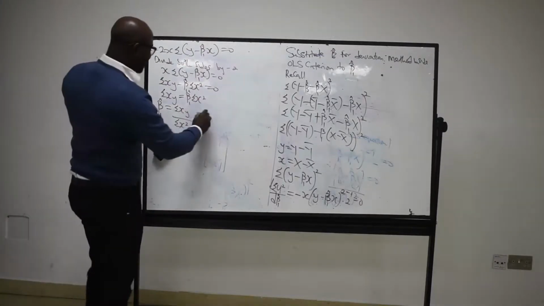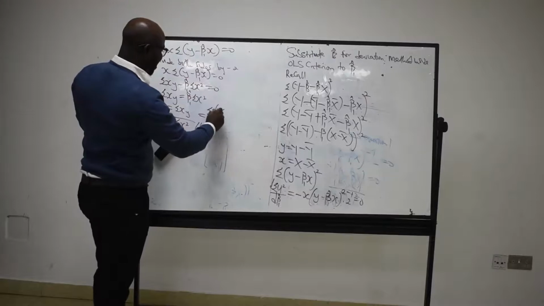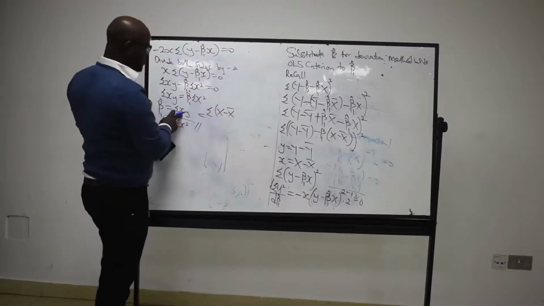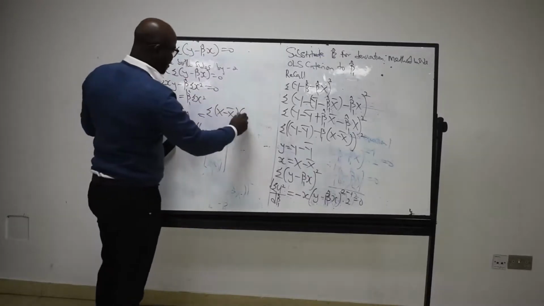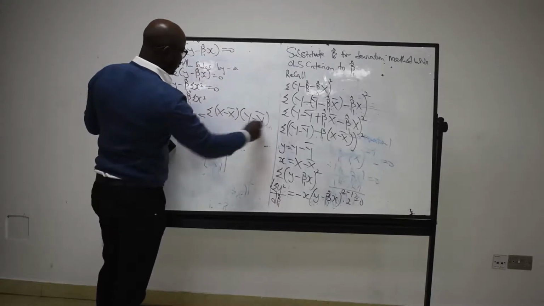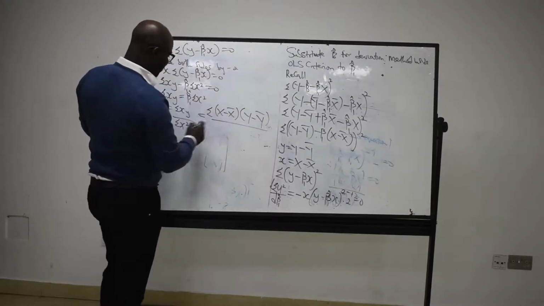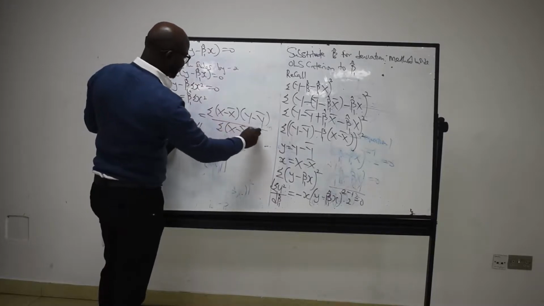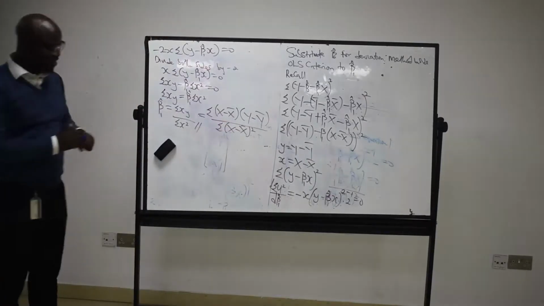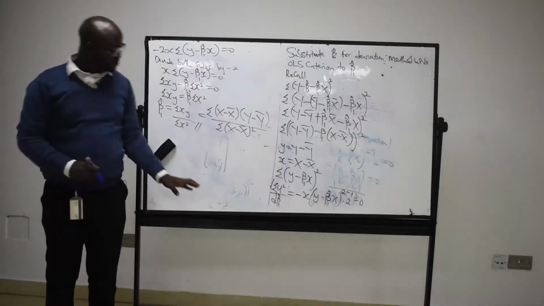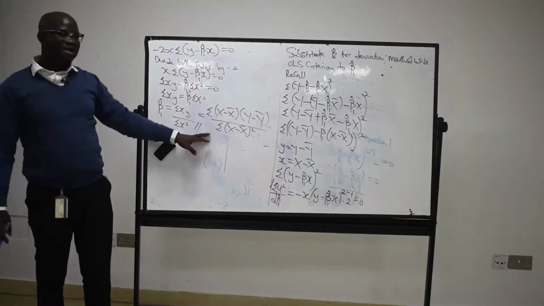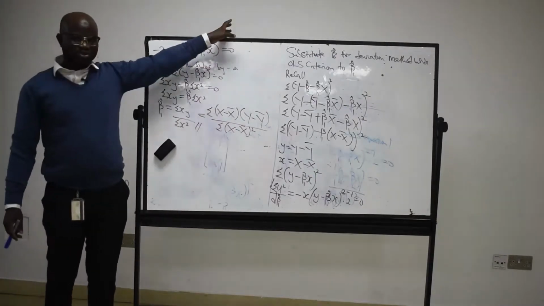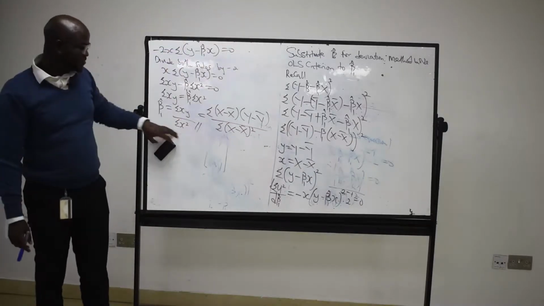And class, I can also rewrite this to be summation of small x, which is x minus x bar, times y minus y bar, all over summation of x minus x bar squared. So whether you use this formula or you use the actual method, you are expected to get the same thing.